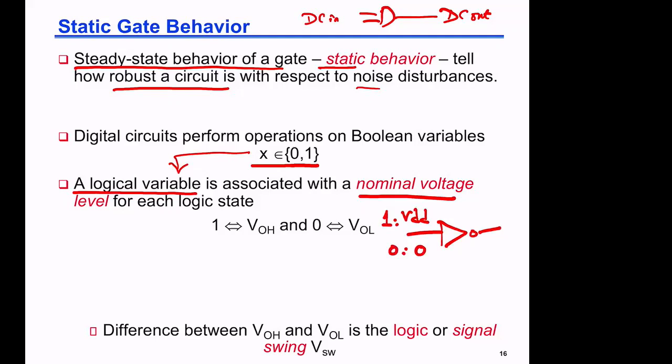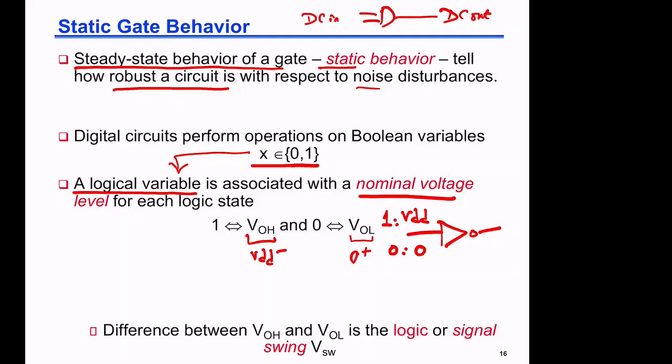Different designs might not be able to give me a perfect 0 or a perfect VDD. So for these designs, we will refer to their voltage levels as VOH to represent a value which is VDD minus something, and VOL to represent a voltage which is 0 plus, or slightly above the ground.